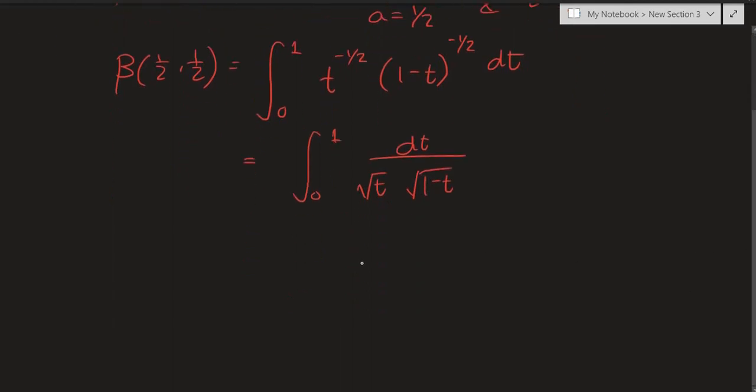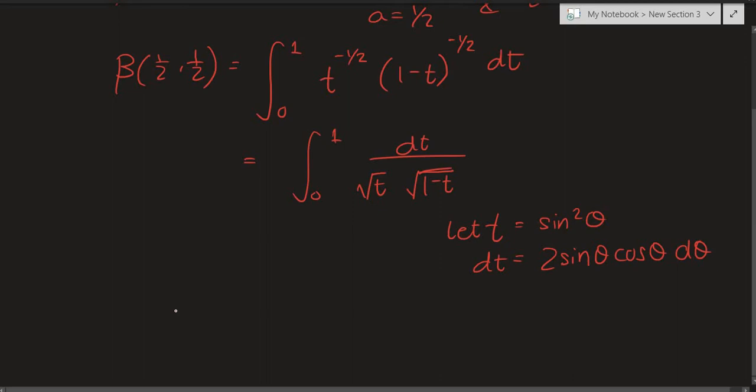Now how do we calculate this exactly? Looking at the form of the denominator, a trig substitution would be very useful here. Let t equal sine squared theta, so that when you take the root you only have sine theta. So dt is 2 times sine theta times the derivative of sine theta, which is cosine theta d theta, chain rule basically.